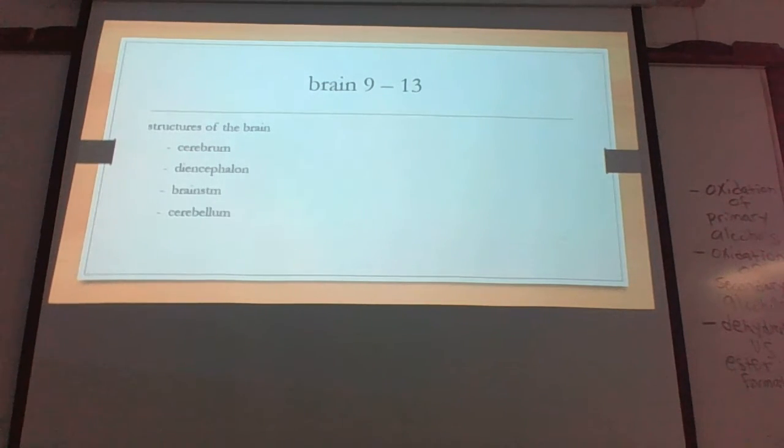Okay? So in other words, who can we pick on in here? The diencephalon is a structure that contains both of them, the thalamus and hypothalamus. Okay? So who can we pick on in here? Okay?